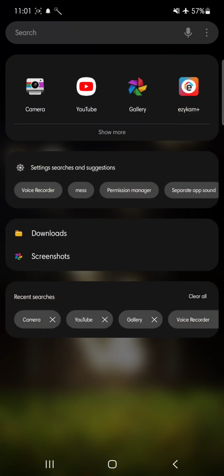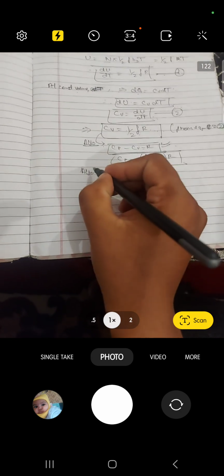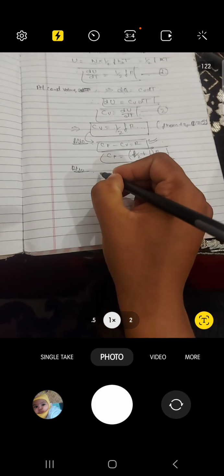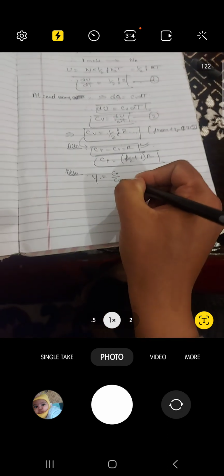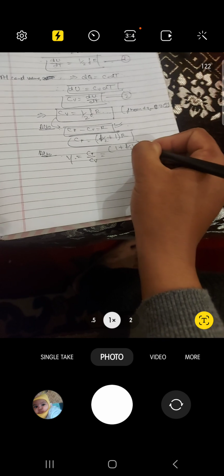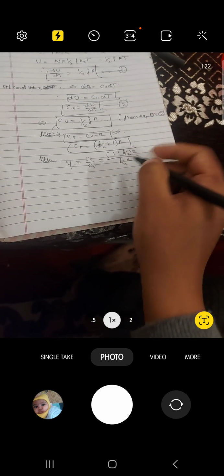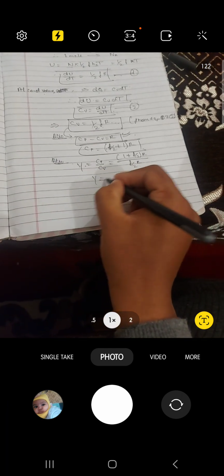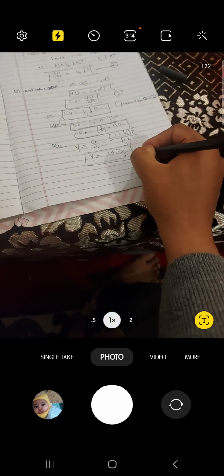Also we know about the gamma, that is equal to Cp upon Cv. This also we have seen. Okay, so इसको जो हम इसमें पुट करेंगे, F upon 2 into R, these are the values, F R by 2, तो हमें क्या मिलेगा, गामा की वैल्यू यहाँ से मिलेगी, that will be equal to 1 plus 2 by F. Okay, so this is the required value of the gamma, where F is the degree of freedom that you know.